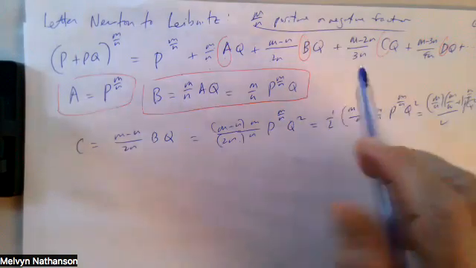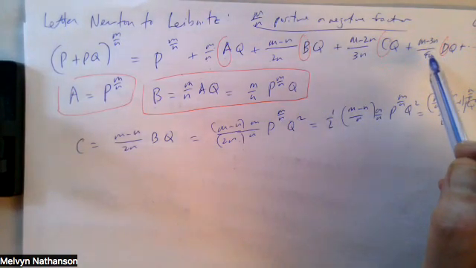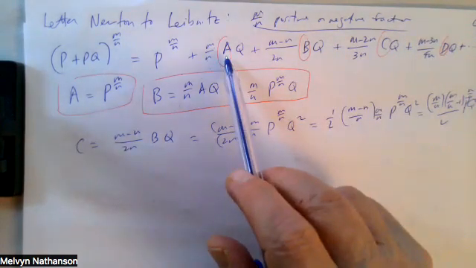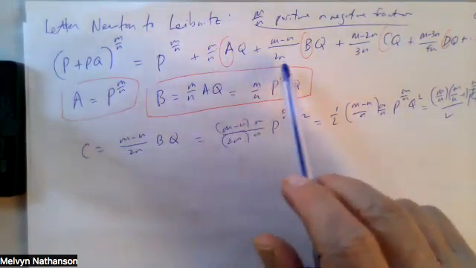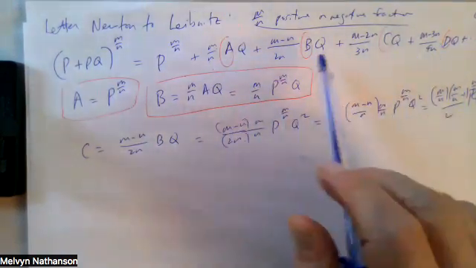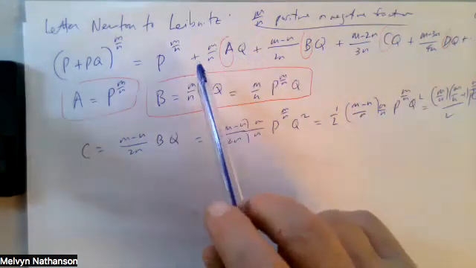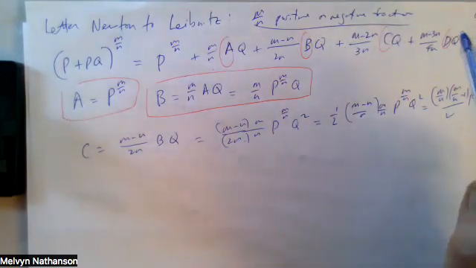What I'm doing is, in each successive term, I have a fraction times a new quantity. Like here, the new quantity is A, then B, then C, then D. And I see what the fractions are. The denominators go 1n, 2n, 3n, 4n. The numerators go m, m minus 1, m minus 2n, m minus 3n.